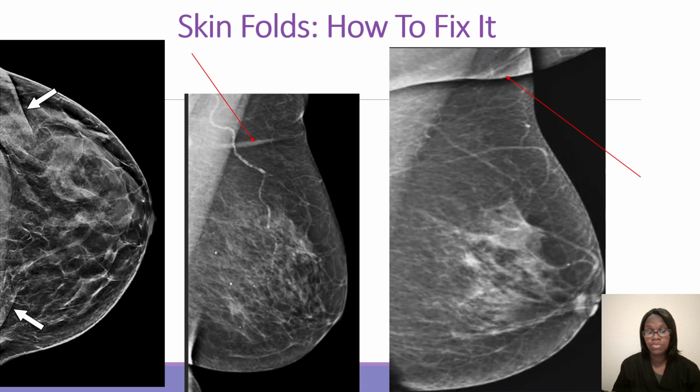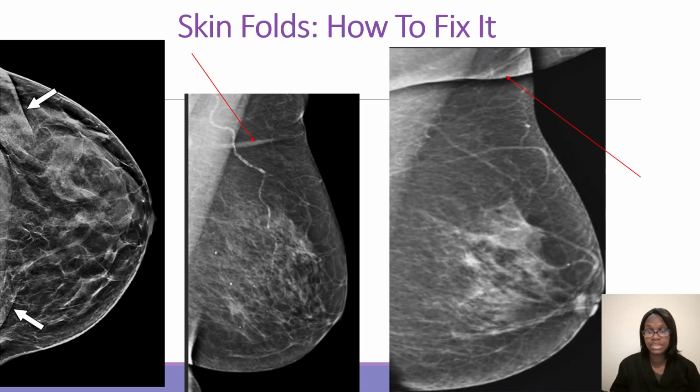For your skin fold on the medial side, just raise the detector up. And then for your MLO view, have your patient bring what they call the bat wings right here behind the detector, and they'll bring their arm behind the detector, and it will help get rid of that skin fold at the top.